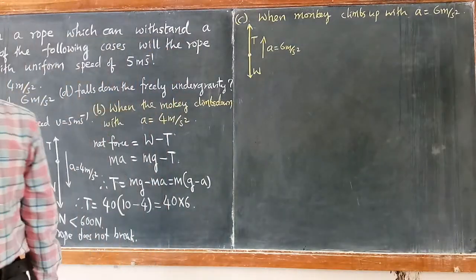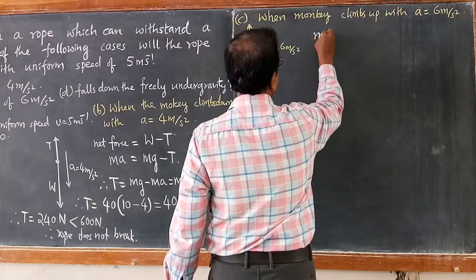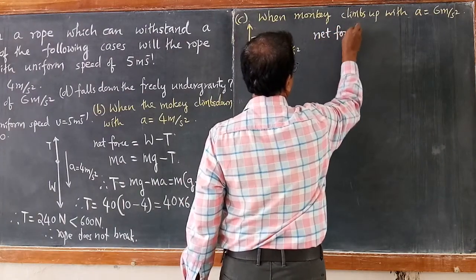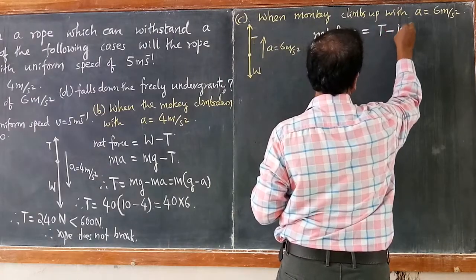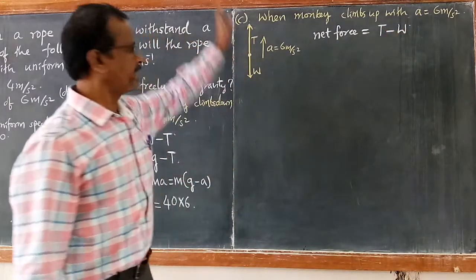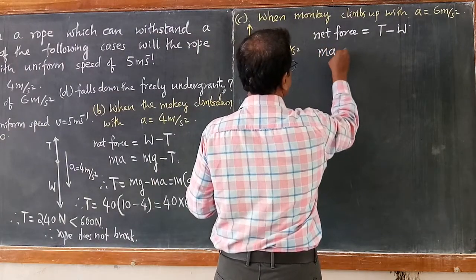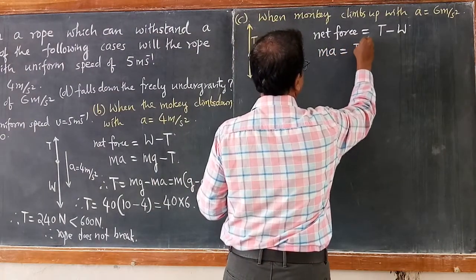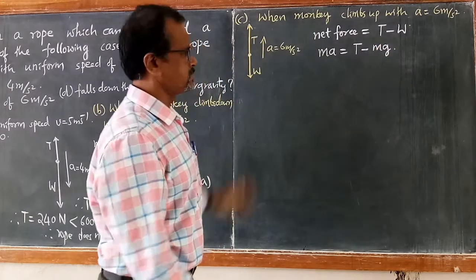So now write the equation for net force. Net force again equals T minus W. T must be greater than weight. Then only it can move upward. Therefore T minus W, so this implies m a is equal to T minus mg. So take this minus mg to this side.